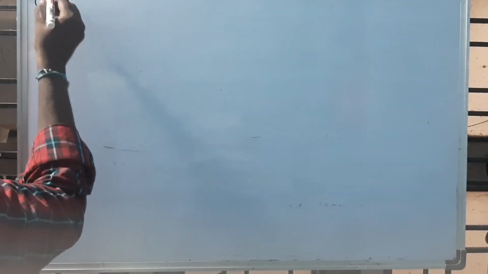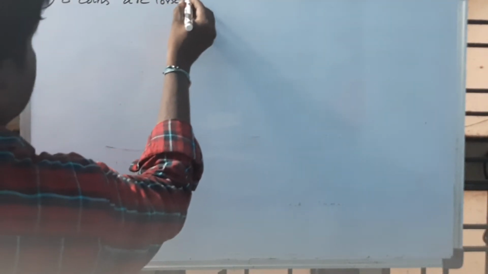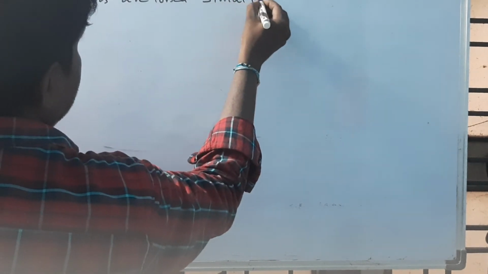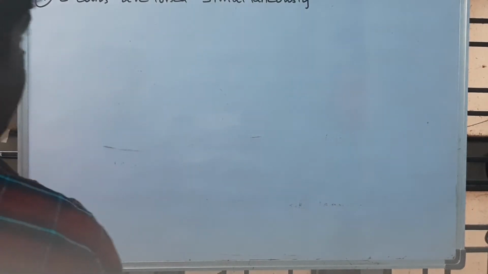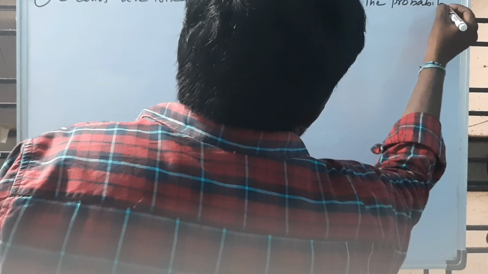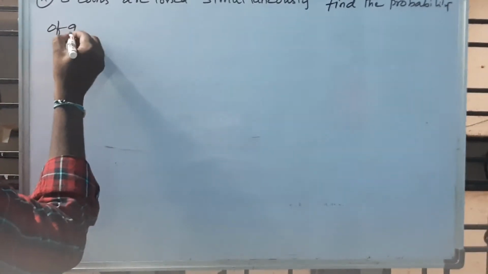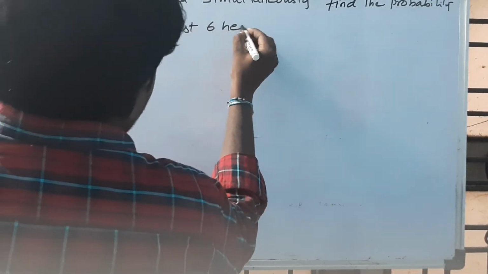See, 8 coins are tossed simultaneously. Find the probability of getting at least 6 heads.